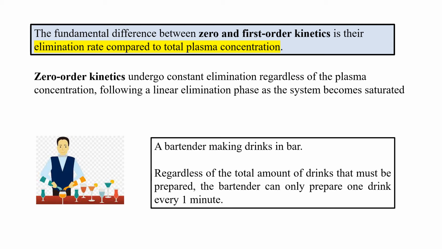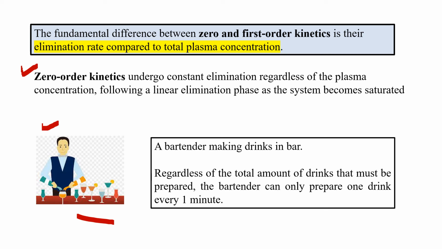So the fundamental difference between zero and first order kinetics is the elimination rate compared to the total plasma concentration. Zero order kinetics undergo constant elimination regardless of the plasma concentration. For example, take this guy. He's a bartender making drinks in a bar. He has a lot of orders.